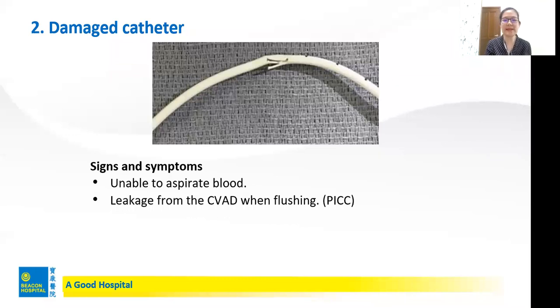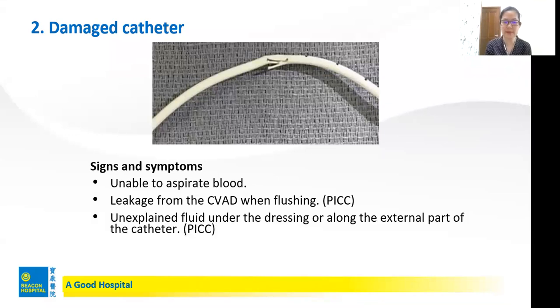And if it's the external part of the catheter which is damaged, of course, you can see leakage, you can see wetness of the dressing, okay? You can examine and find unexplained fluid under the dressing or along the external part of the catheter if the damage is at the external part.